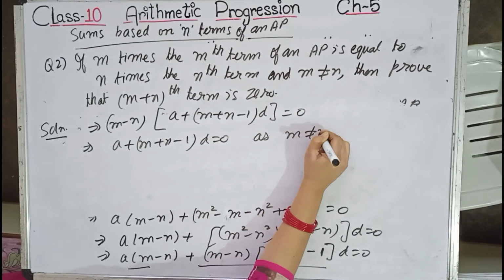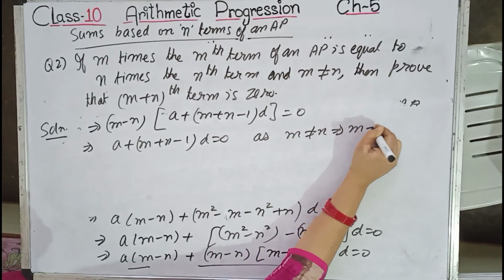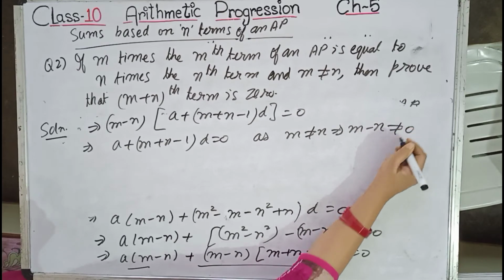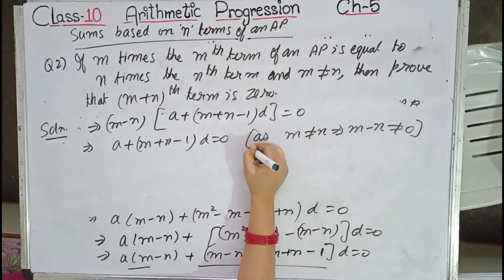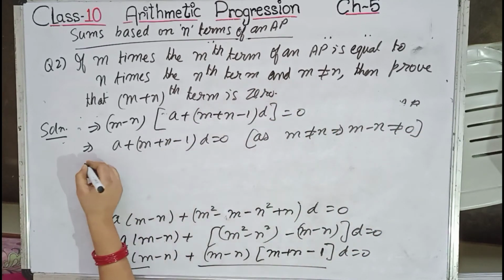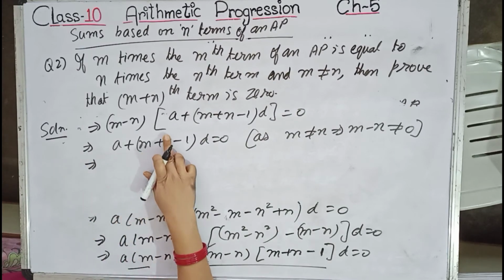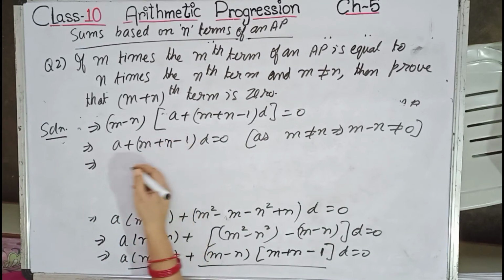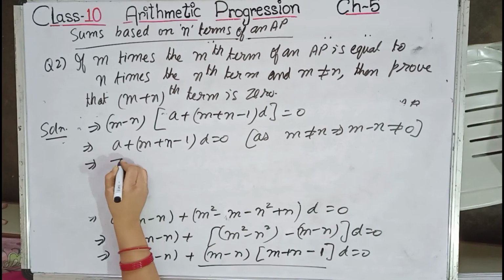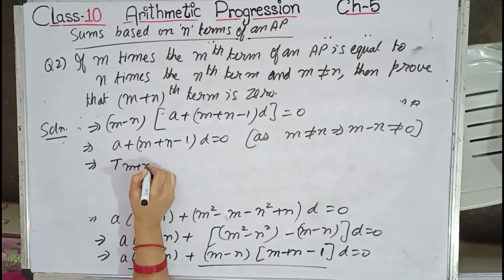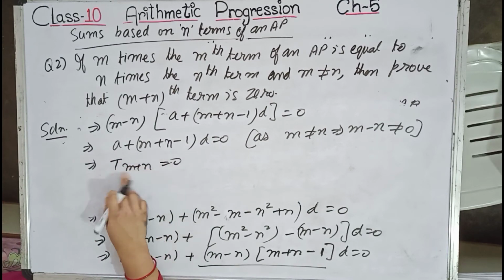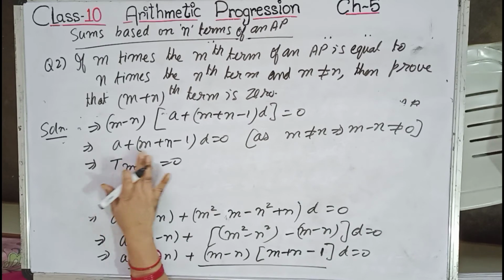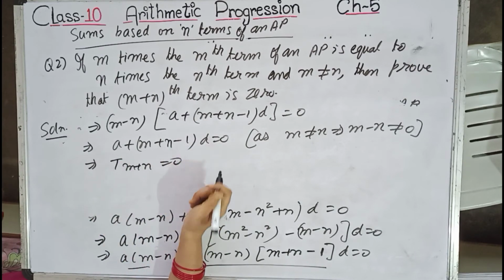Now this implies a plus m plus n minus 1 into d equals 0, as m not equal to n implies m minus n not equal to 0. It is given over here. So directly we can write T of m plus n equals 0, as the T of m plus n formula will be a plus m plus n minus 1 into d equals 0.